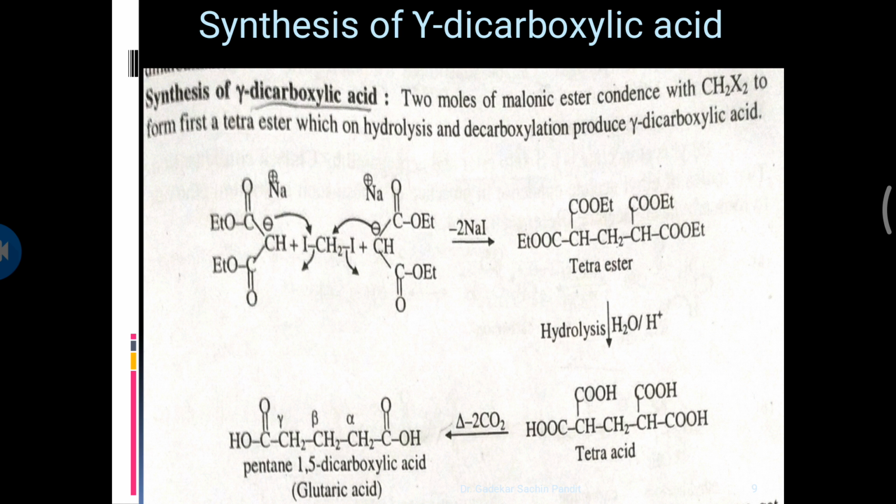So first malonic ester reacts with sodium ethoxide to form its anion, and then this reacts with dichloromethane to form a tetraester, and then this tetraester is hydrolyzed to give a tetraacid, and the tetraacid is heated and decomposes to form propane 1,5-dicarboxylic acid, glutaric acid.